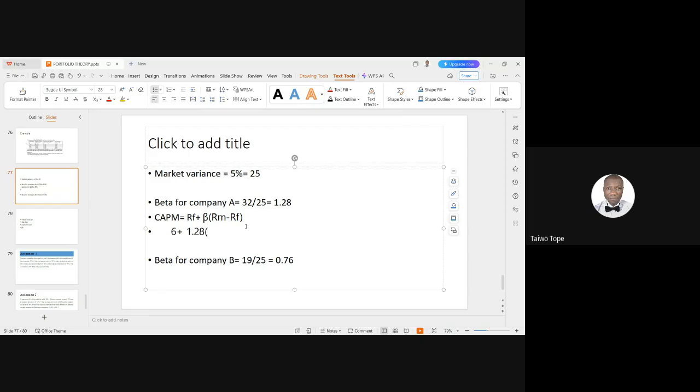Your market return is 14.5%, minus risk-free, 6%. So when you compute and you solve, what will be your outcome?